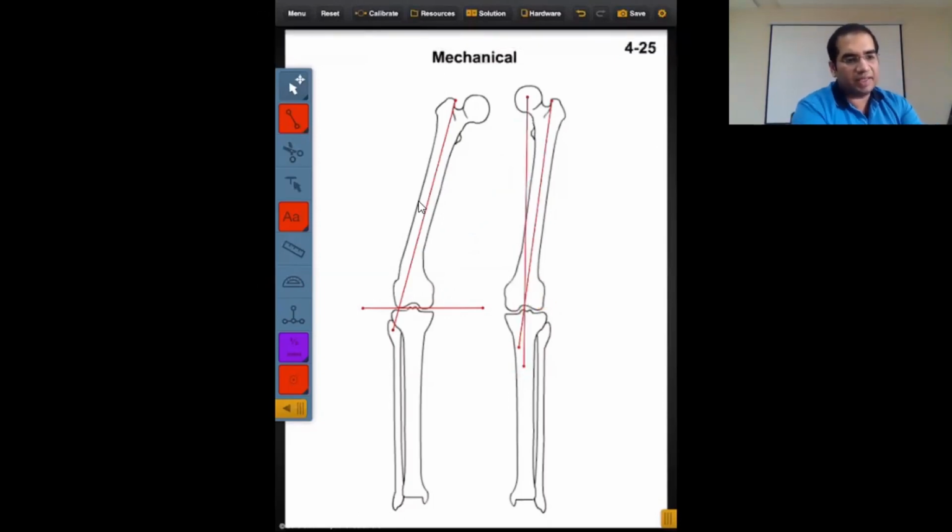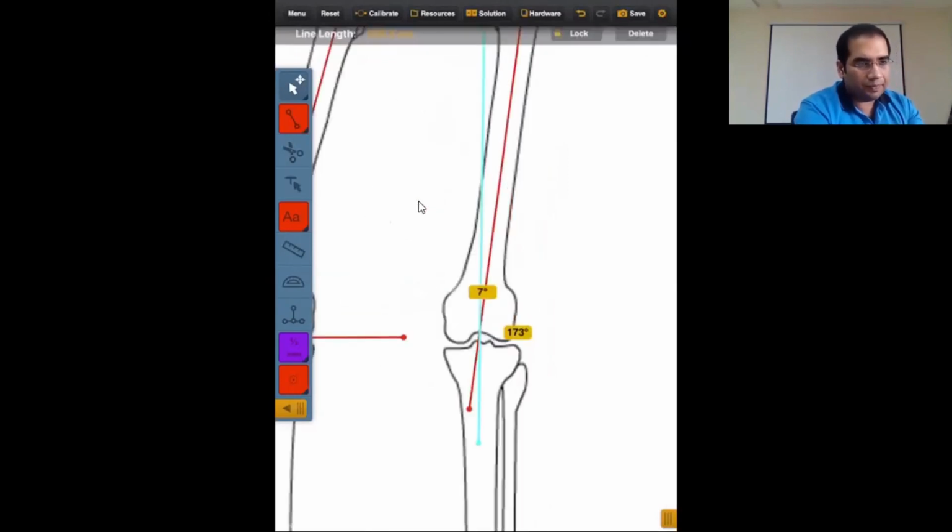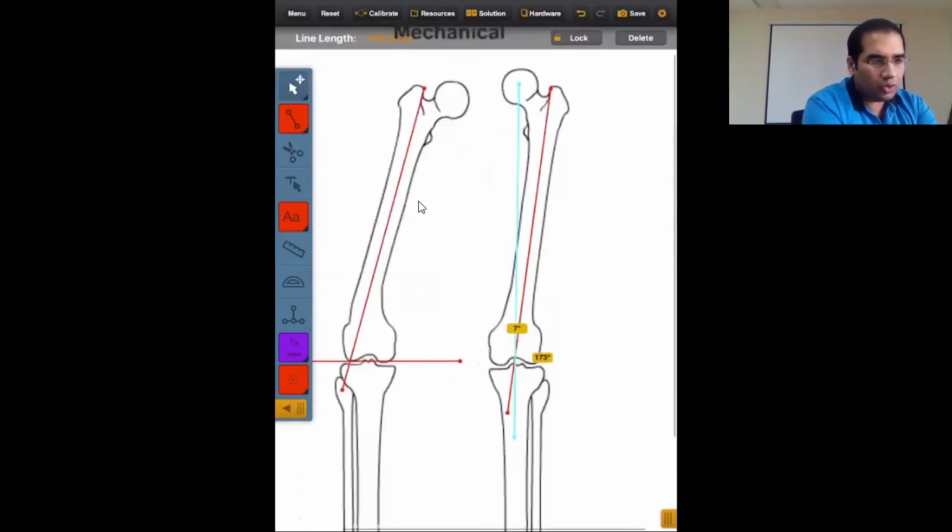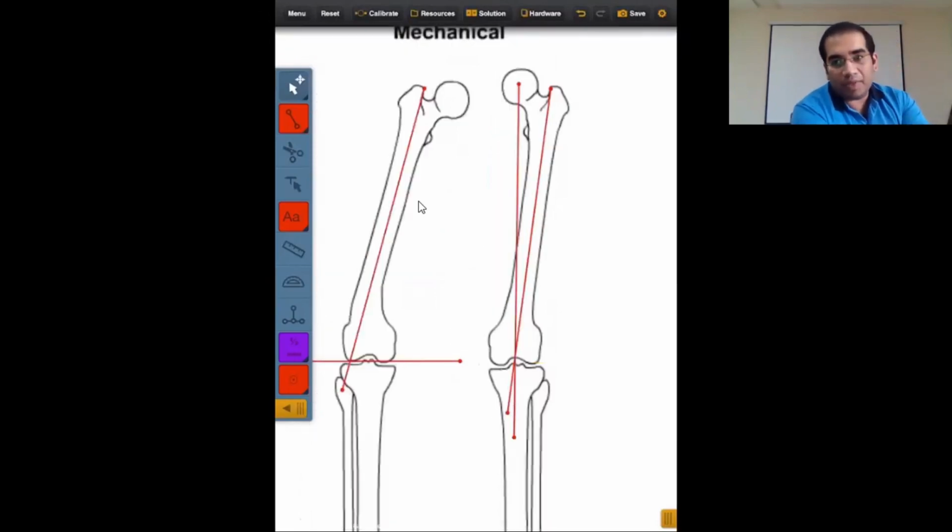So in this case, in the normal limb, as you can all see, it is 7 degrees. So our other aim is, when we restore in our abnormal femur an anatomical mechanical angle of 7 degrees, we will get a normal alignment.